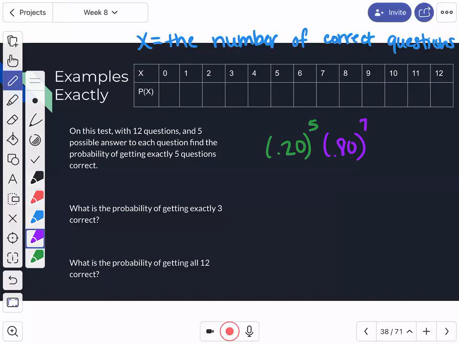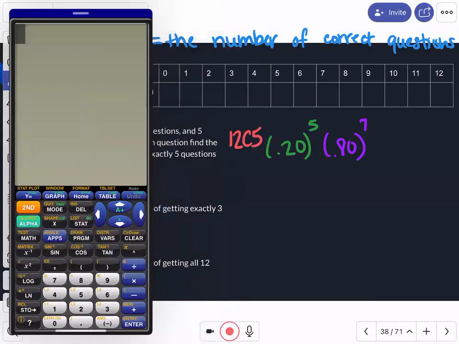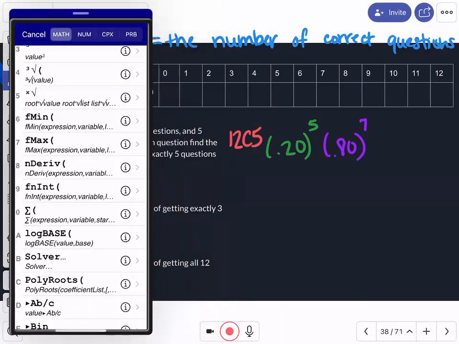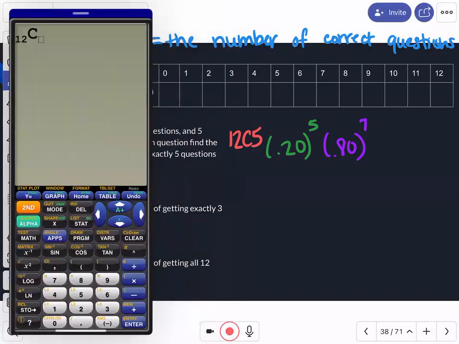But this assumes you get the first 5 right and the last 7 wrong, right? It's not the only way to get 5 right. We said we can change that by using the combination formula, which is, in this case, 12 things, combine 5 of them. So here's the actual formula: 12C5 times 0.2 raised to the 5th times 0.8 to the 7th. If I calculate that, 12C5 is equal to 792 ways.